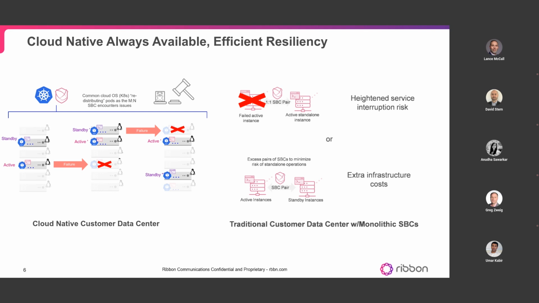But you can get a sense for the resiliency of the cloud native offer when you look at the alternative, which you see over to the right, which is what you find with physical appliances and virtual appliances, where with an active standby SBC deployment, where there happens to be a failure of one of the two, essentially you're running in standalone mode.